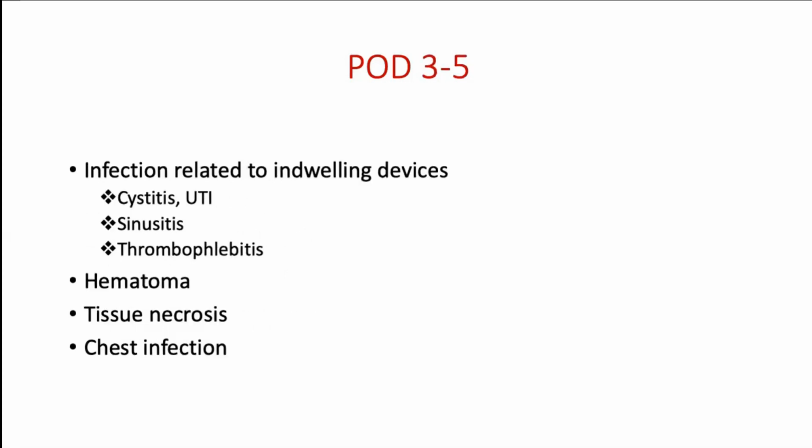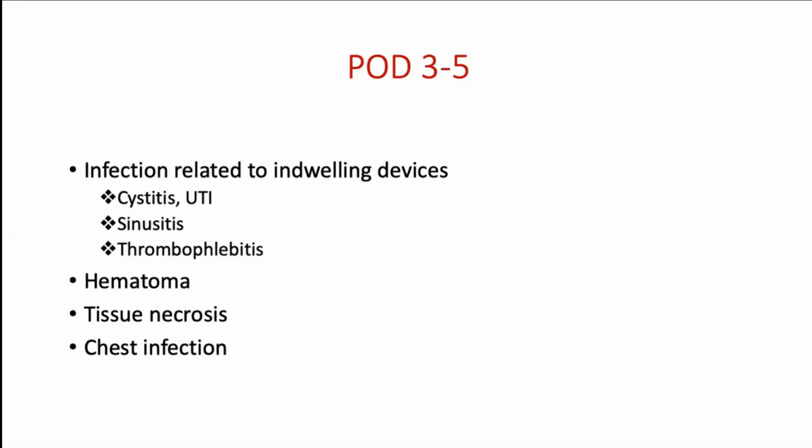On POD 3 to 5, it is infection which sets in, and it is usually related to indwelling devices, say cystitis or UTI because of the catheter. Sinusitis may occur because of the indwelling Ryle's tube in the patient's nasal cavity, so it may imbibe bacteria and cause sinusitis.